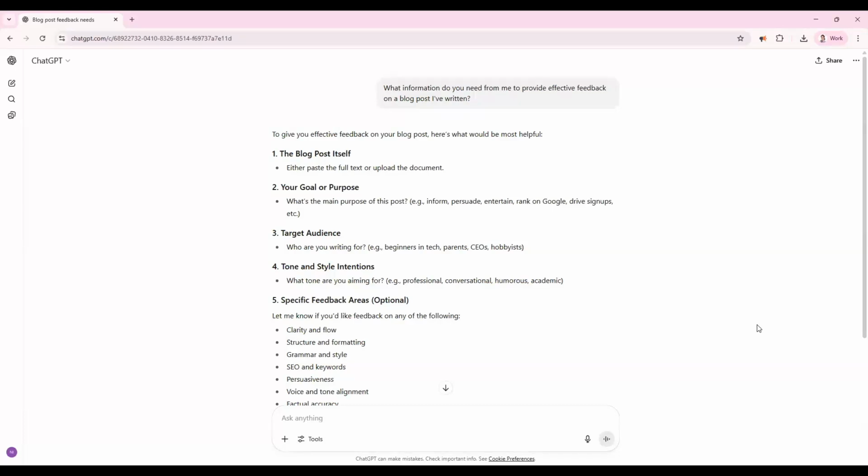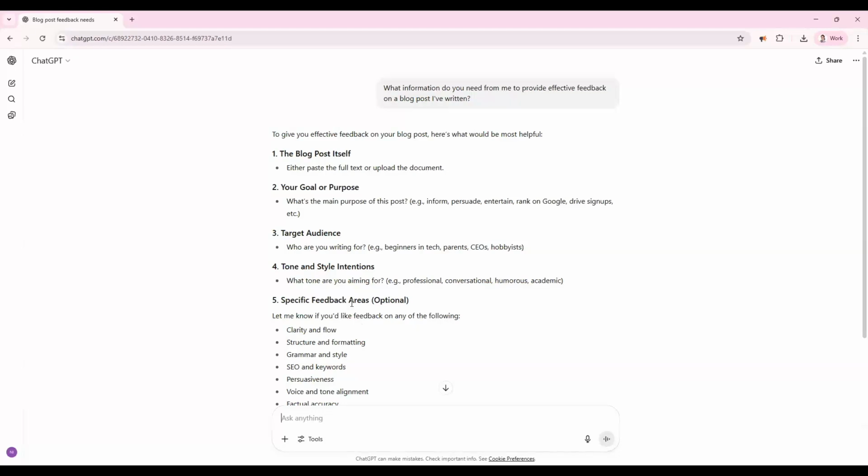So it's important to establish that from the get-go. Then things like tone and style intentions. What kind of tone are we aiming for? Again, is it professional? Is it for people maybe involved in the industry already? Or is it more conversational, more reflective? You're also going to want to establish that.